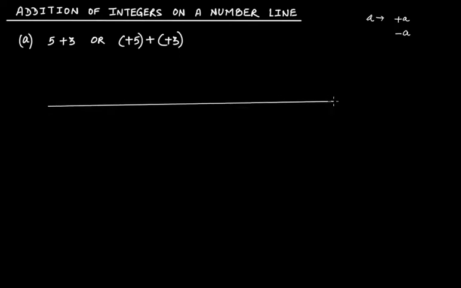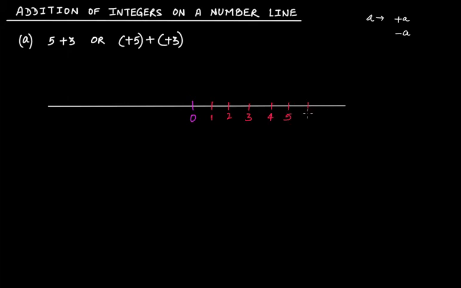So if this is a number line and this is 0, you have 1 here, 2 here, 3, 4, 5, 6, 7, 8, and let's say we have minus 1 here, minus 2, minus 3, minus 4, minus 5, minus 6, and minus 7.